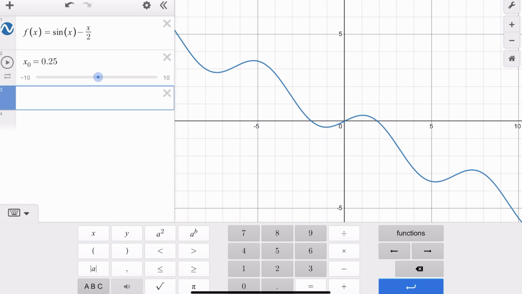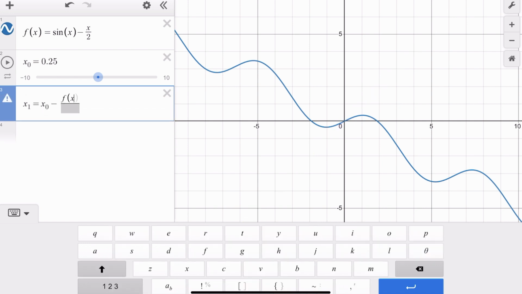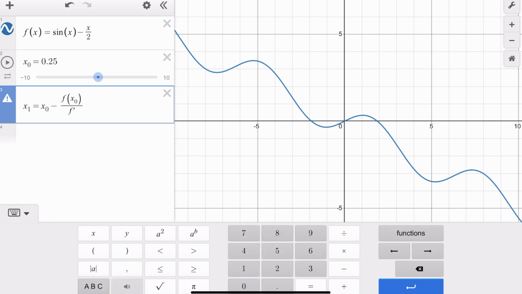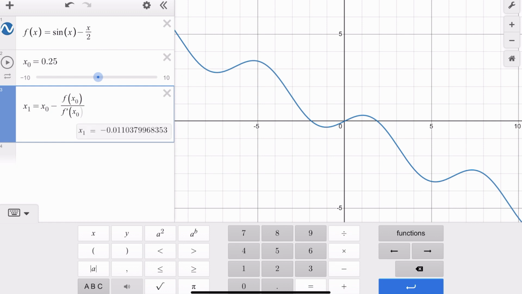And what we're going to do is set up a formula to find the next x sub 1. In the denominator, I'm doing f prime, which represents the first derivative, of x sub 0, right? And just by using Desmos, or you can do it on a calculator, we got our x sub 1.